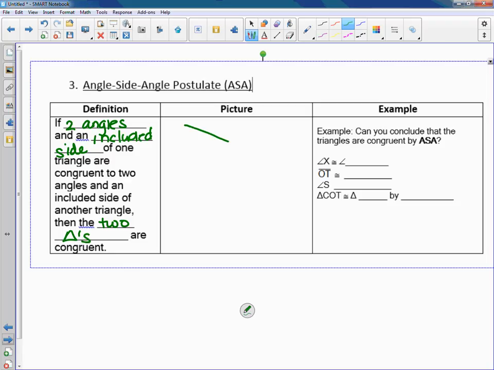We're going to have this first triangle, X, M, S, and C, O, T. Now, angle X is congruent, if you look at this picture, to angle O. OT is congruent to SF.